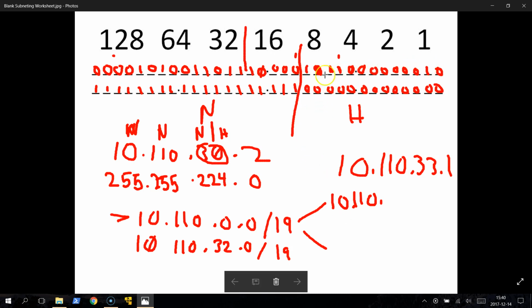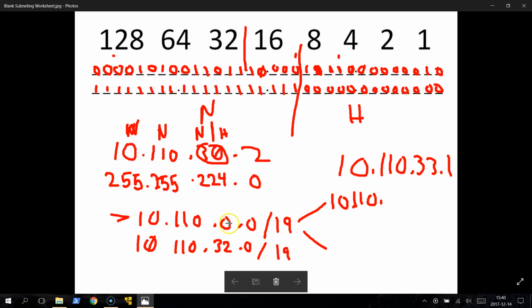So I zero this out. That would give me 10, 110, and then this would be all zeroed out, 0, and this would be all zeroed out, 0, right? All you do is you zero out the whole host portion. And that gives you your network address. So the whole host portion is all zeros, so that's not allowed, and broadcast is not allowed.